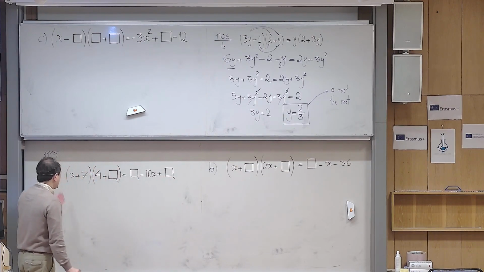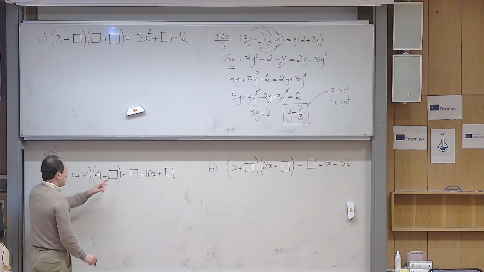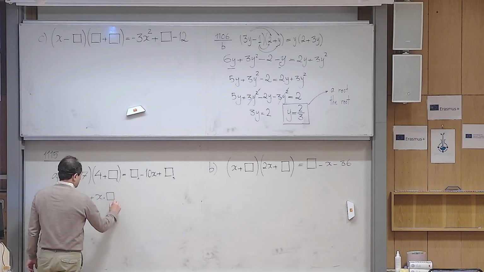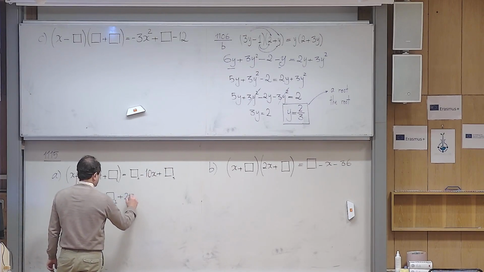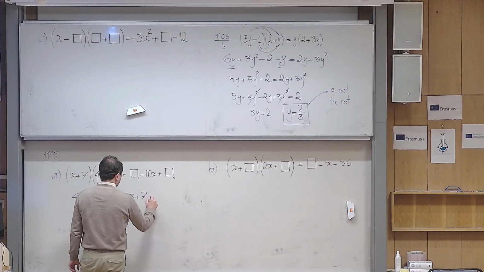And then I go to a scratch paper as usual. X times 4 is 4x. X times the first box. And then 7 times that is 28. And then I have 7 times box number 1.